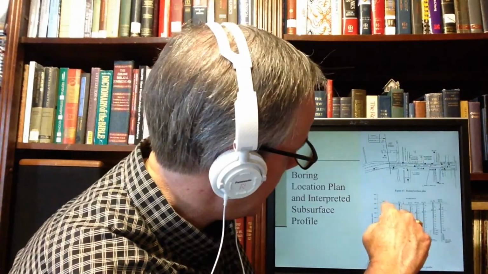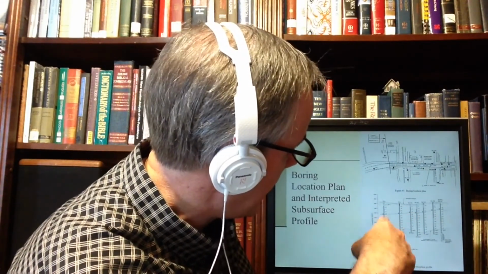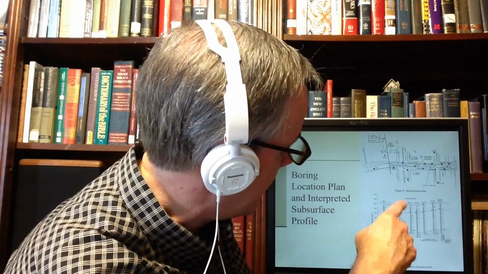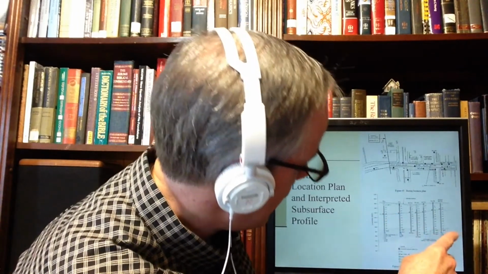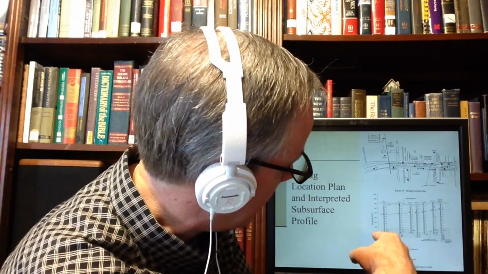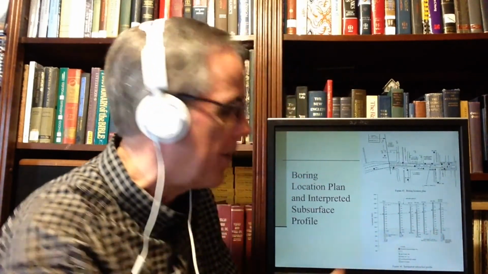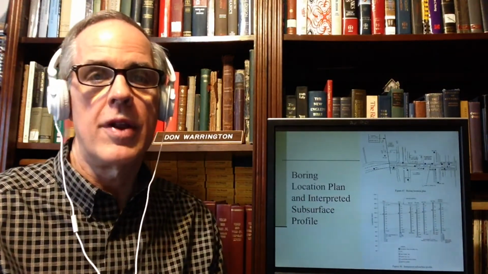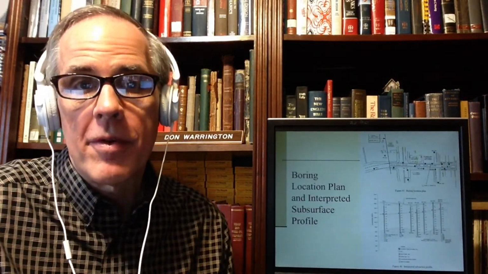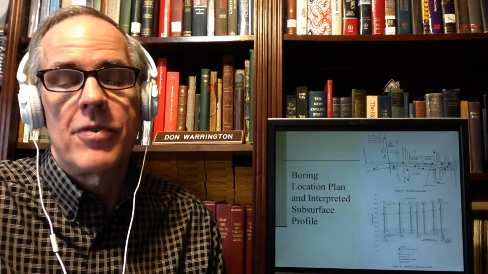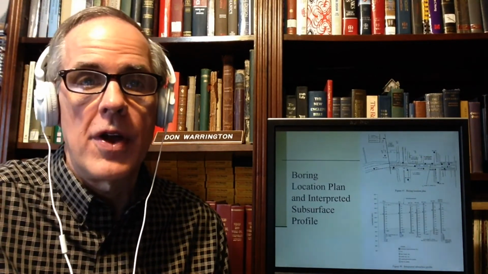You take a boring log profile like this, and these are on a line, and you can get a good idea, for example, how the bedrock or the competent layer down there varies, and what other layers vary, how the water table varies, which might give an idea of is there significant water flow.